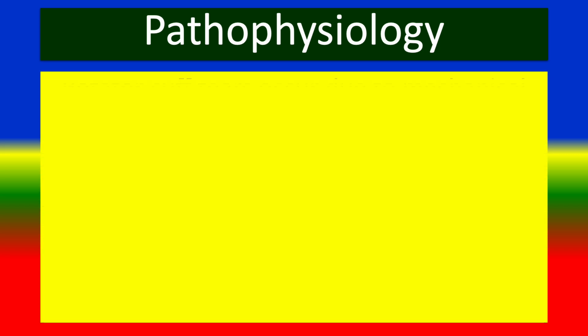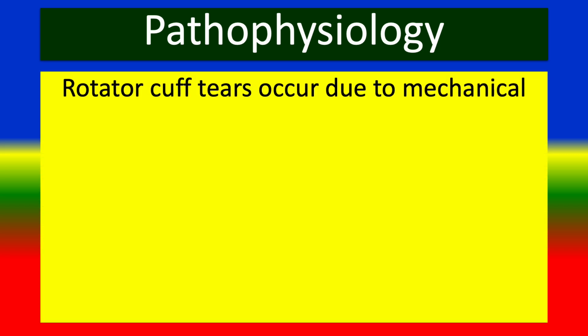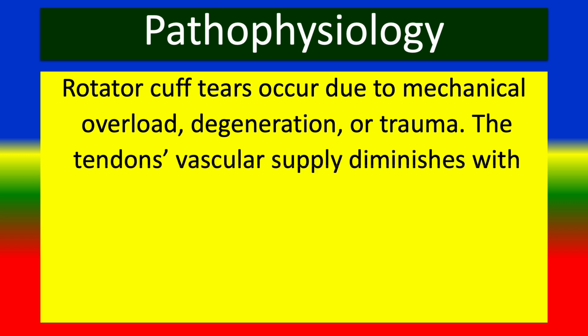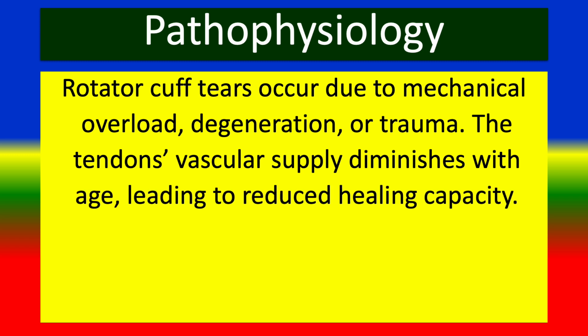Pathophysiology: rotator cuff tears occur due to mechanical overload, degeneration, or trauma. The tendon's vascular supply diminishes with age, leading to reduced healing capacity.